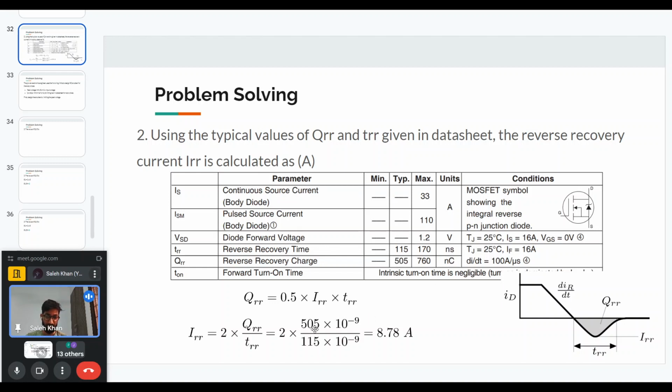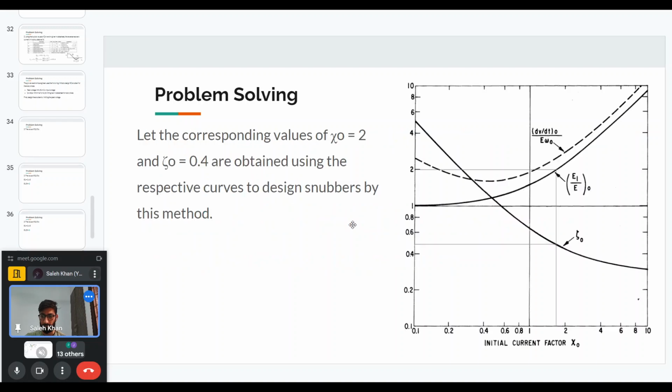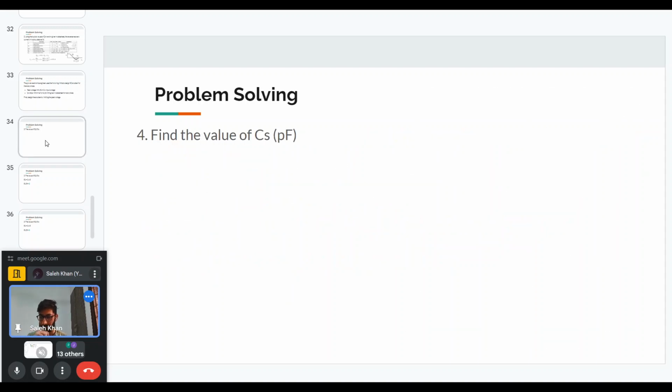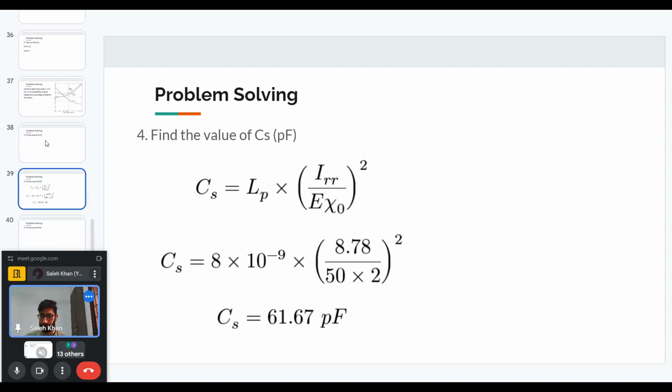So we'll use these values to find IRR. Okay, I hope that's clear. And here we'll use the same value. So this is 8.78 that we got from the typical value.